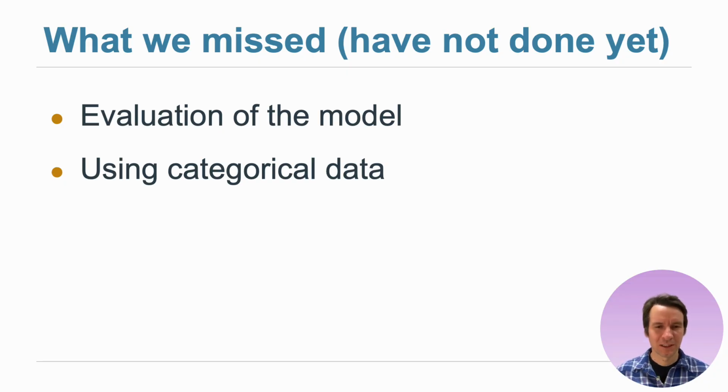We will learn that later. We also haven't used any of the categorical data. Right? So perhaps the model is not that great if it is not using other features of the diamond. But it's possible to change the categorical data into numerical ones, and then you can use them as well.